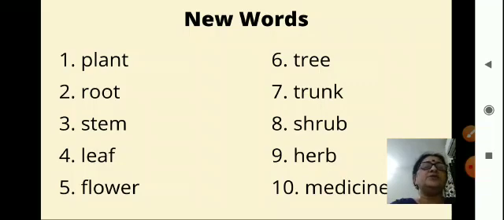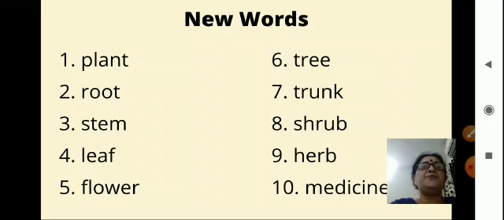R-O-O-T, root. Stem, S-T-E-M, stem. Leaf, L-E-A-F, leaf.